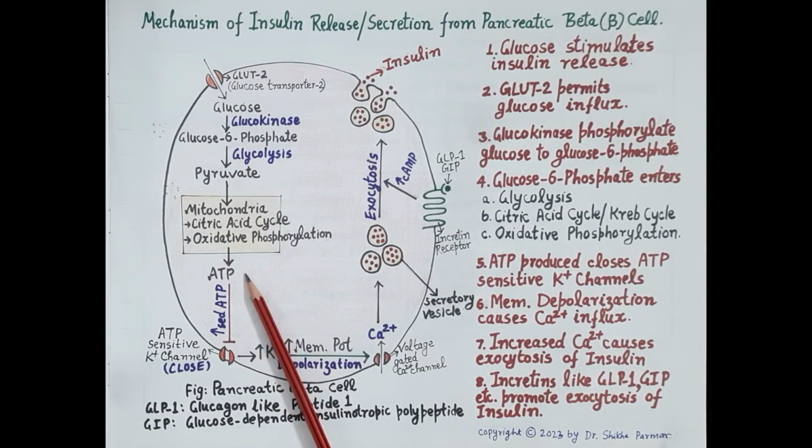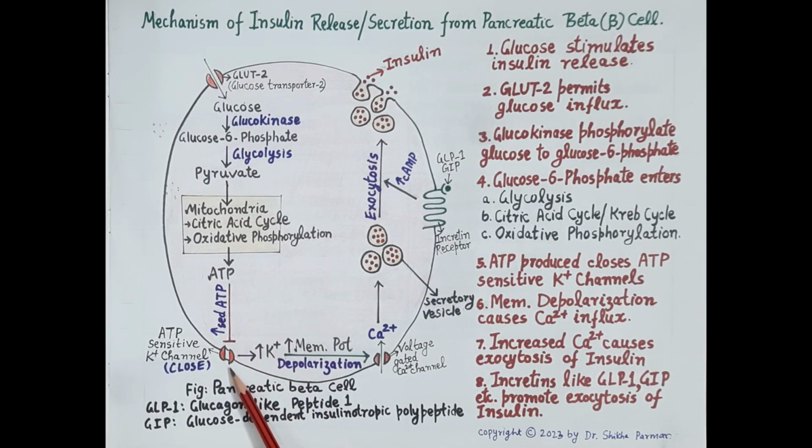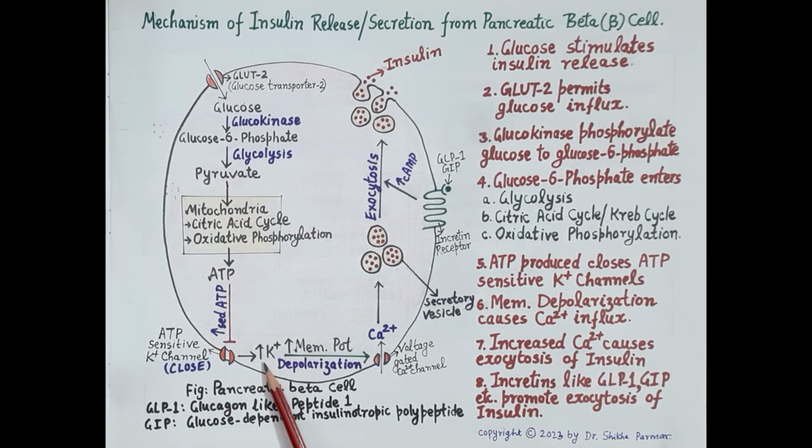Now, this ATP inhibits ATP sensitive potassium channels and thus these channels close. So, potassium does not move out of the cell and thus the concentration of potassium increases inside the beta cells.